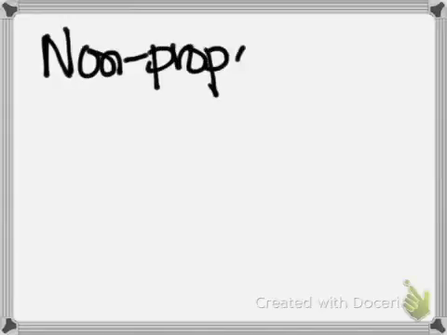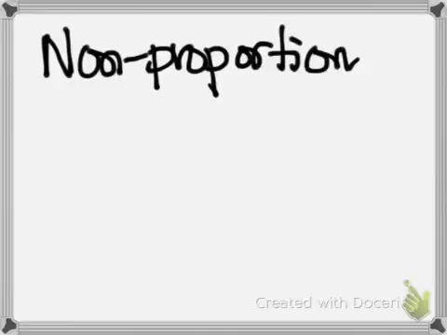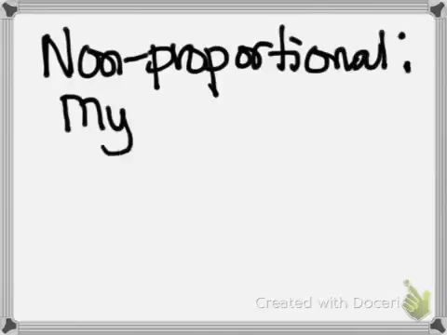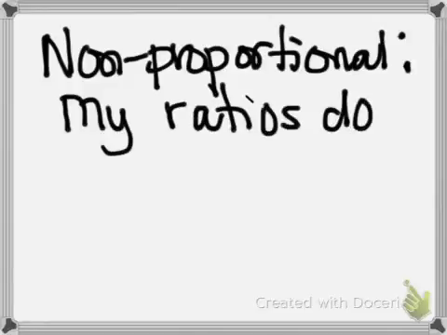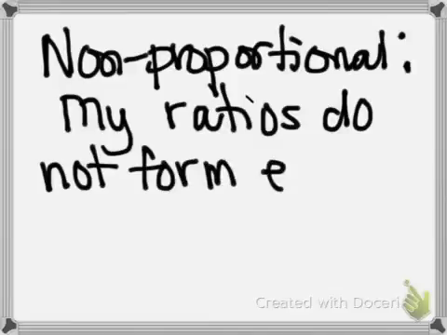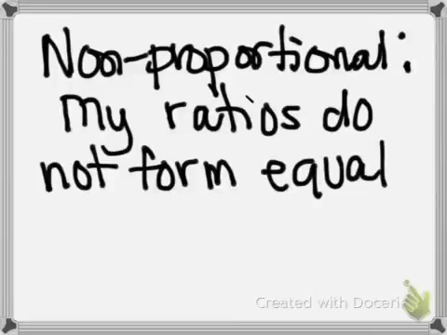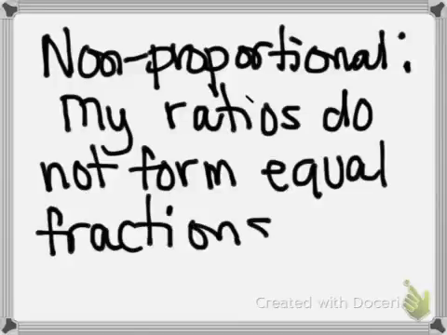Non-proportional would be when my ratios do not form equal fractions. So again, if they're not equal fractions, it doesn't matter if they all are except for one, they all are not the same, so it's going to be non-proportional.